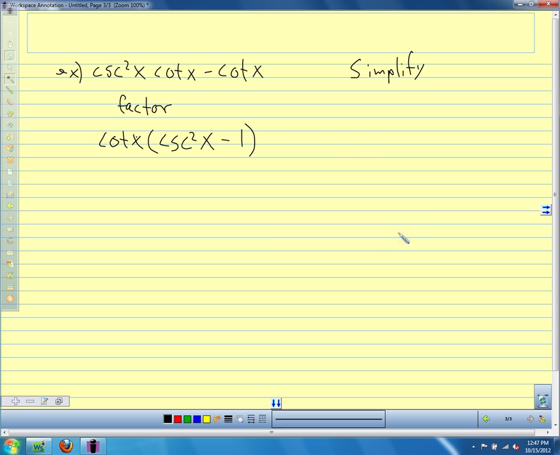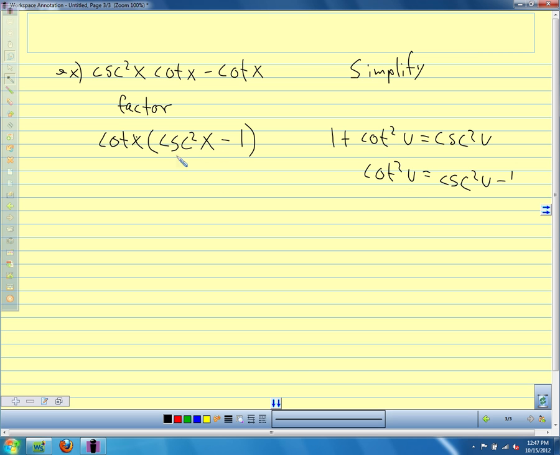And over in the top right, I have an identity that tells me that 1 plus cotangent squared u equals cosecant squared u. If I subtract 1 from both sides here, I get that the cotangent squared of u is cosecant squared u minus 1. So I'm just using that identity, rearranging it a little bit. So cosecant squared x minus 1 is the same as cotangent squared x.